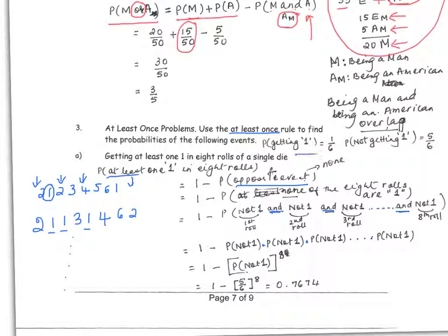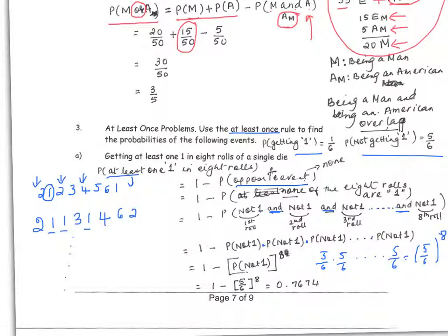The probability of getting a 1 is 1/6, so the probability of not getting a 1 is 5/6. So we have 5/6 times 5/6 times 5/6, and it goes on 8 times. It's repetitive multiplication of the same number, and this is the same as 5/6 to the 8th power.